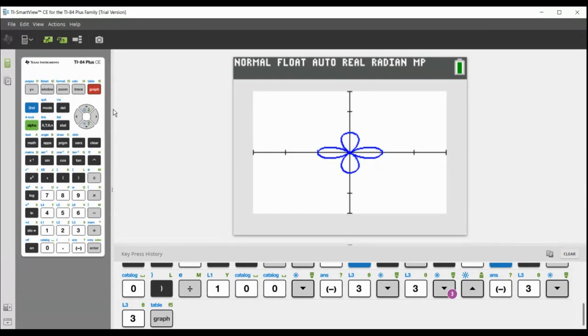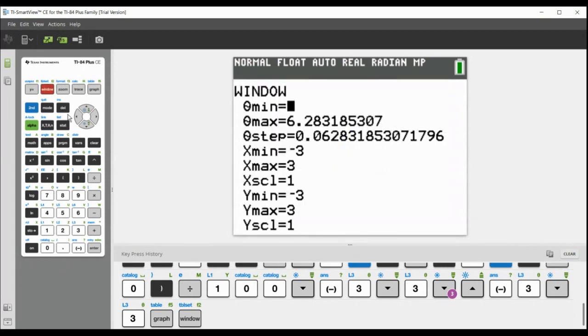And you get a 4-leaf clover. Now watch what I'm going to do here. I'm going to do something really cool. 4-leaf rose, that's what they call it. Let me change this x min from -1 to x max +1.